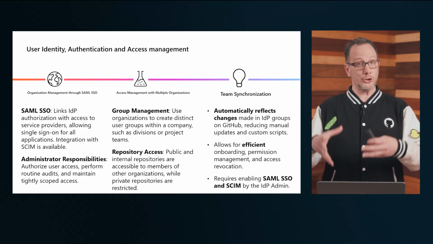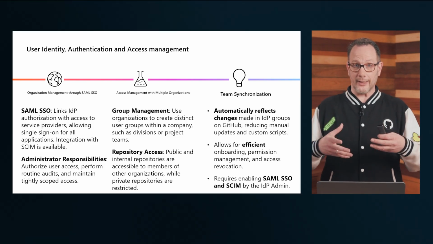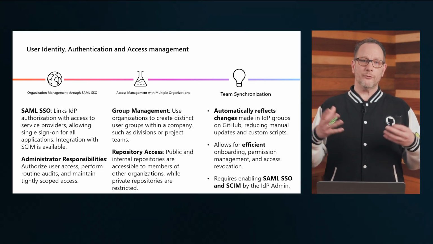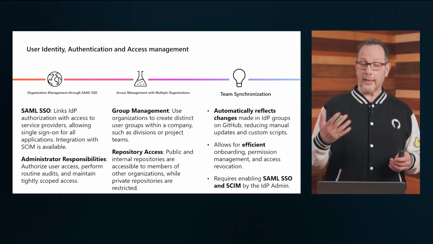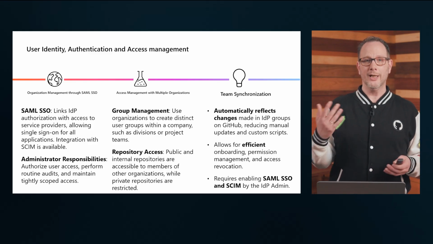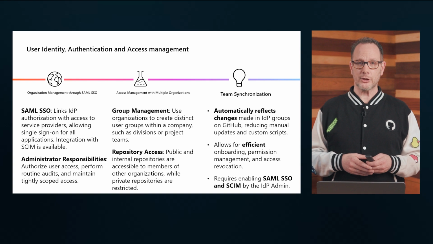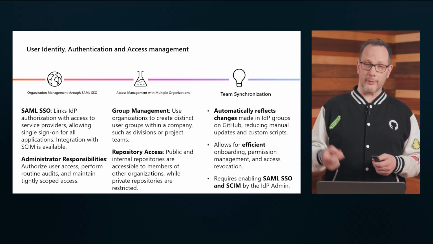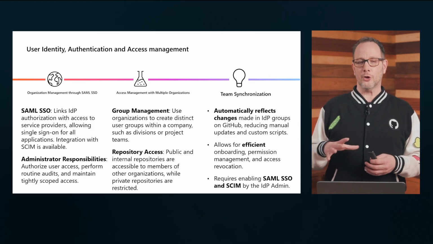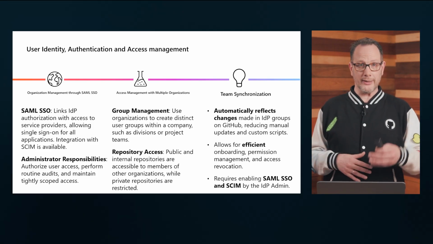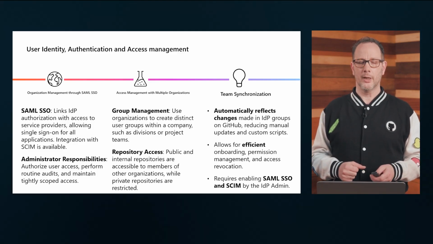It's about making sure that only the right people get access, and actually the right level of access, where features like organizations, SAML single sign-on, and SCIM, or System for Cross-domain Identity Management, provisioning help you manage user identities and permissions at scale. All these tools together ensure that teams can collaborate effectively while still following strong security practices.